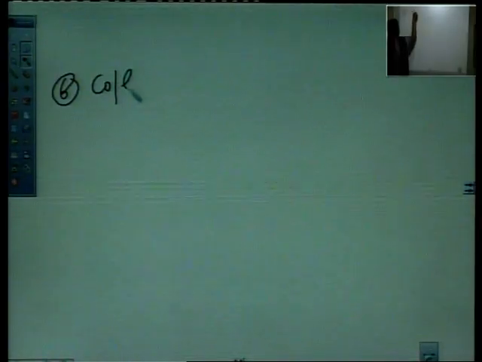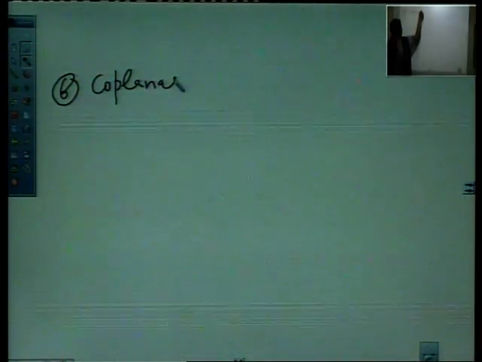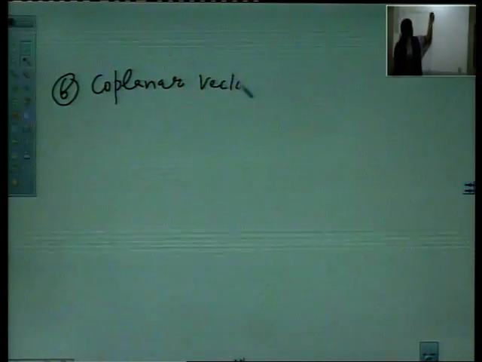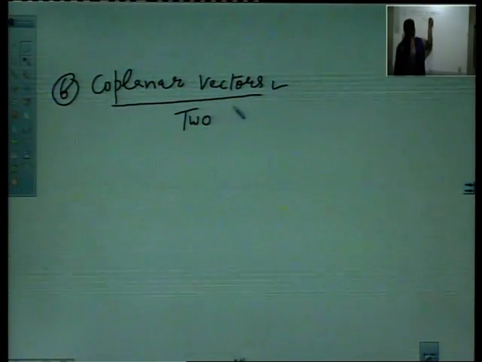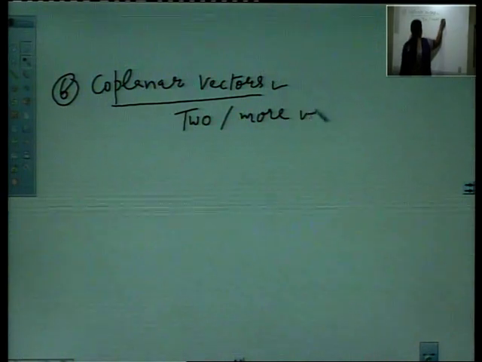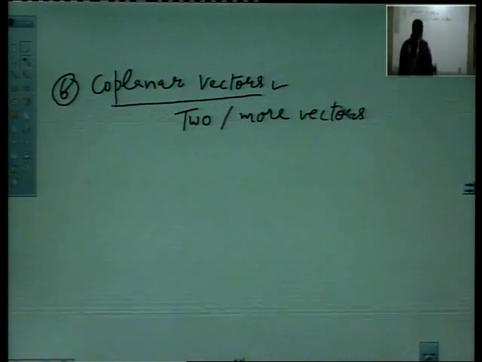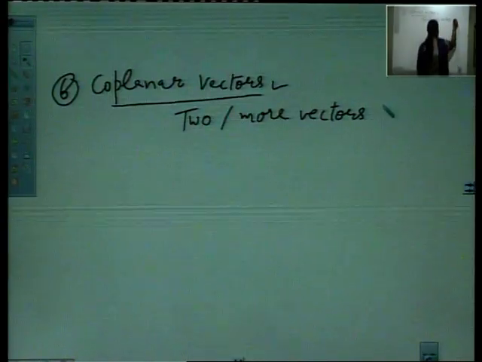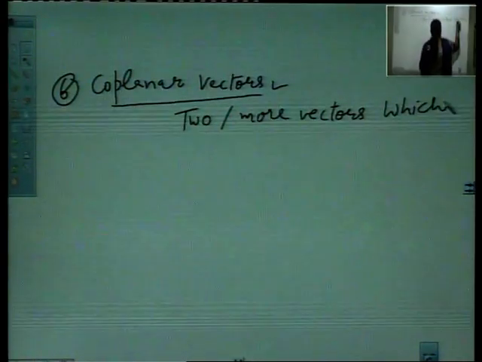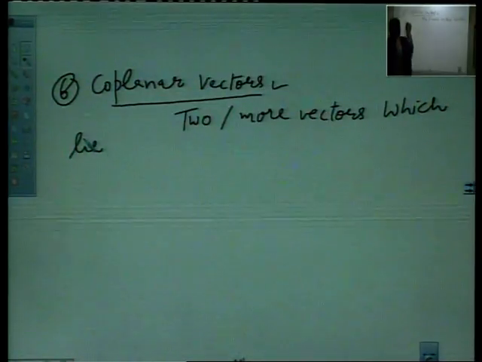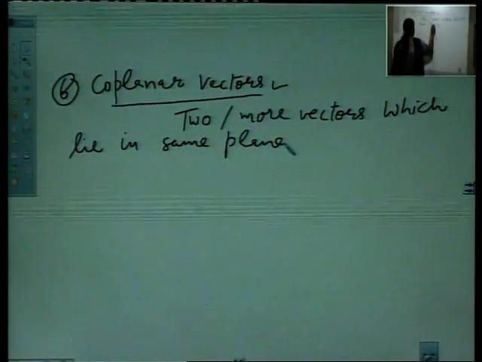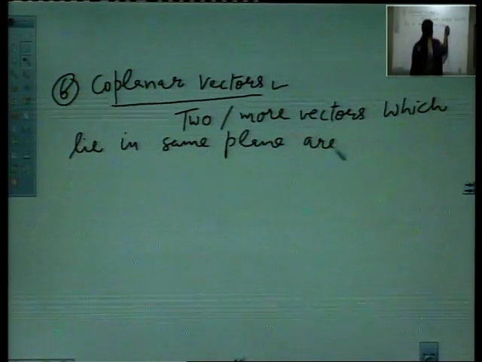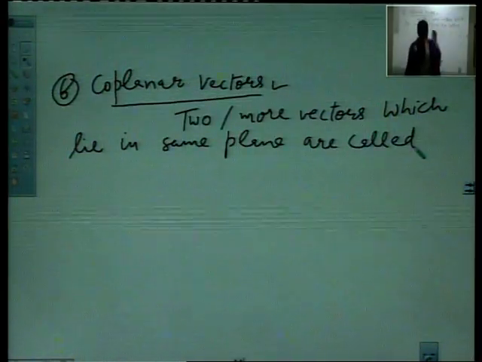The next is coplanar vectors. So two or more vectors which lie in the same plane are called coplanar vectors.